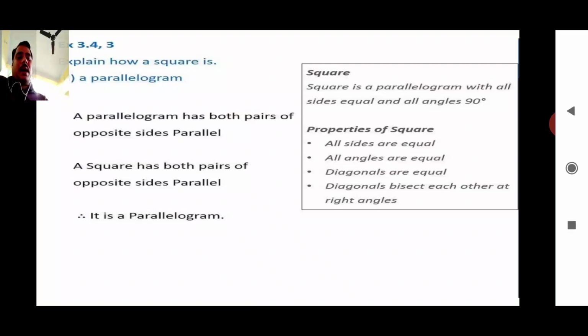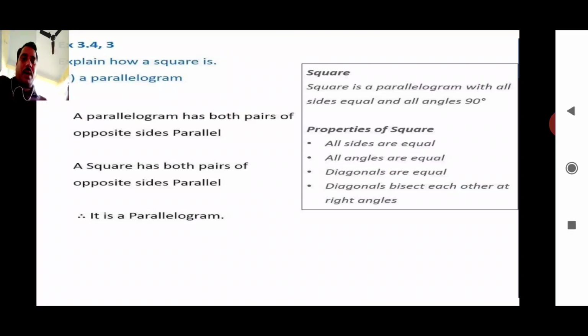You know that a parallelogram has both pairs of opposite sides parallel. A square has both pairs of opposite sides parallel, so it is a parallelogram. You can see here the properties of a square and then prove that a square is a parallelogram, because a square is a parallelogram with all angles 90 degrees.